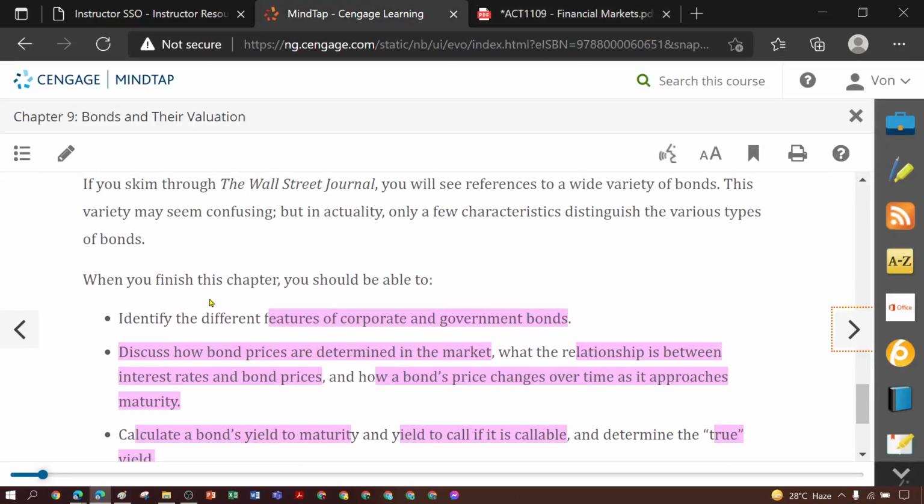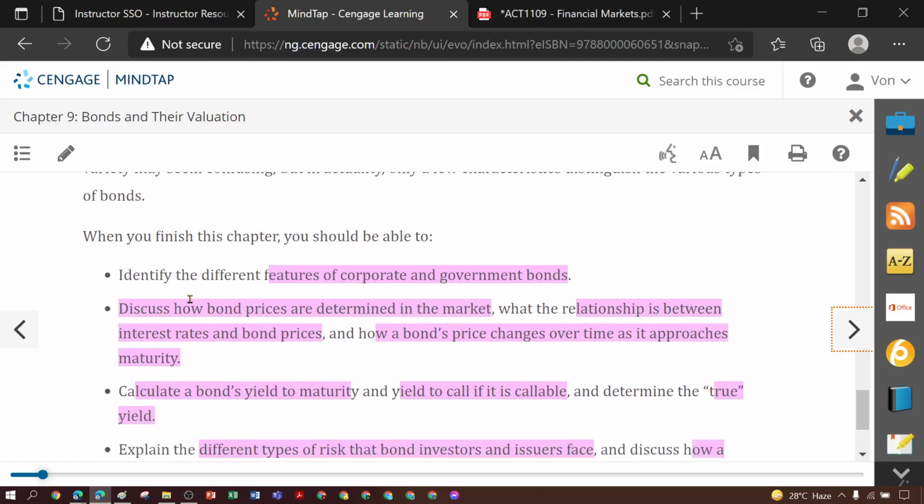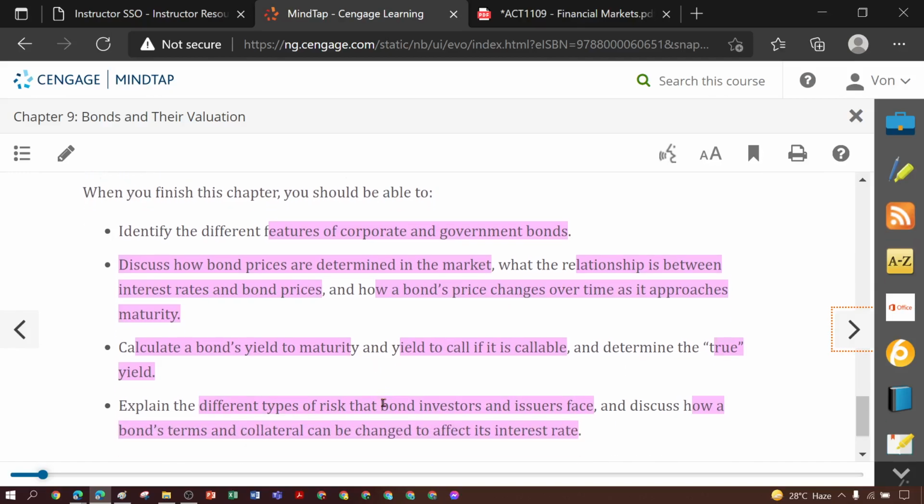Okay, ito yung learning objectives for this chapter. When you finish this chapter, you should be able to identify the different features of corporate and government bonds, discuss how bond prices are determined in the market, and what the relationship is between interest rates and bond prices, and how a bond's price changes over time as it approaches maturity.